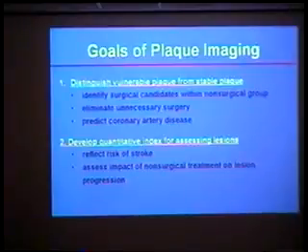And also, we're hoping that we can use this to identify those patients who may have a lesion that has not really caused severe stenosis yet, but may be vulnerable to rupture. If we can catch them early on, we can treat them much more effectively.